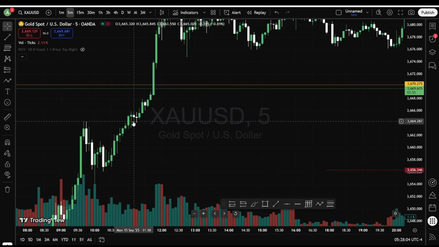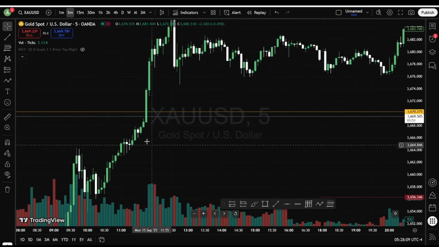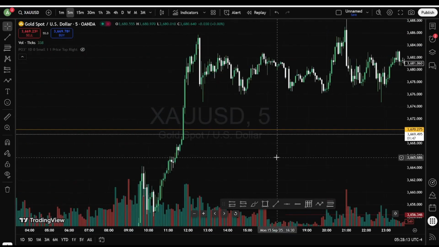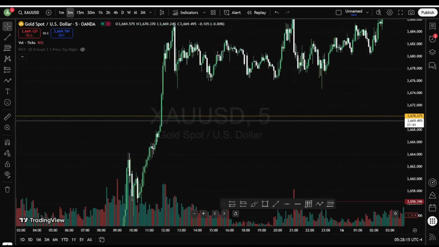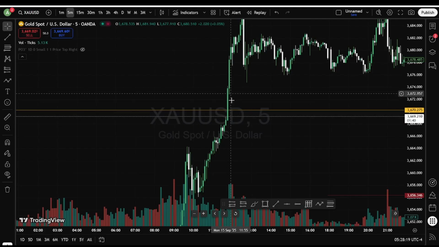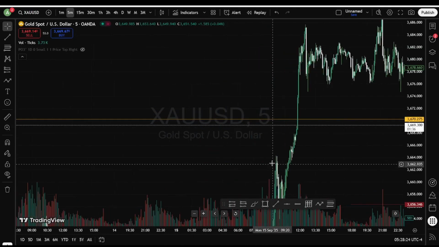and again it got rejected and goes up. Same here, again goes up. After this bullish momentum, buyers close buy trades, because it's the all-time high. This is our all-time high.